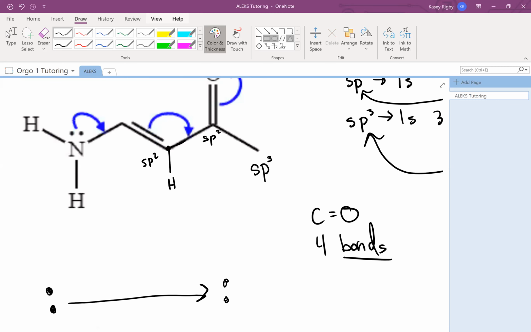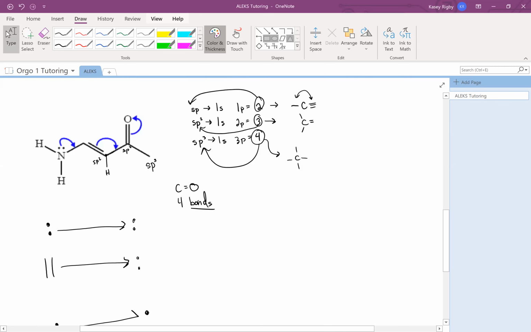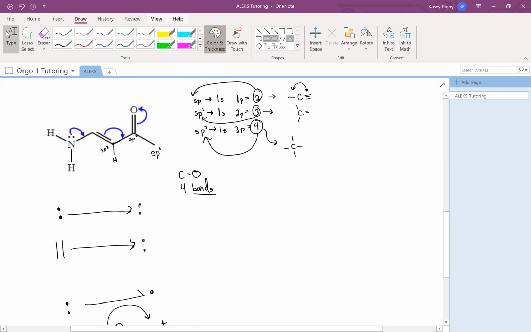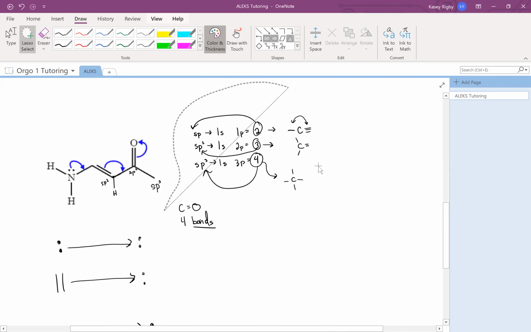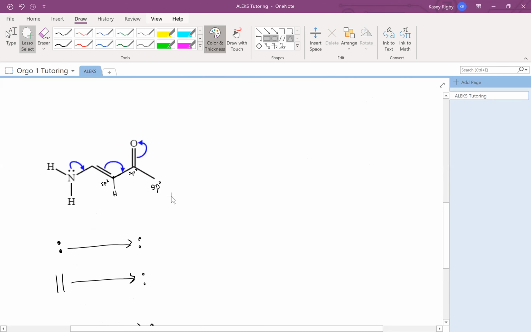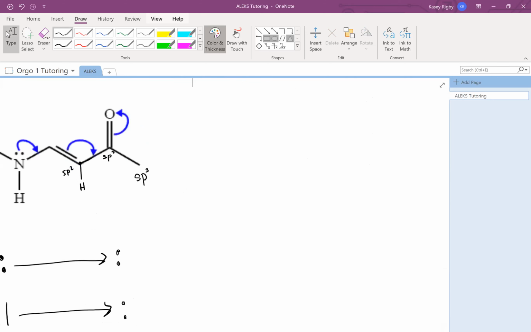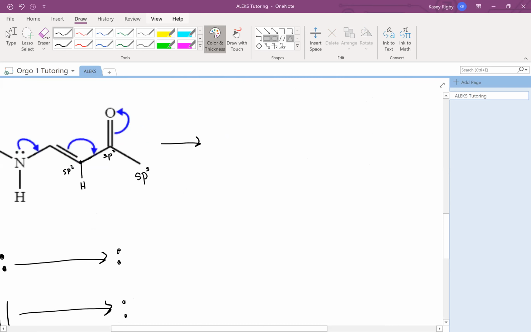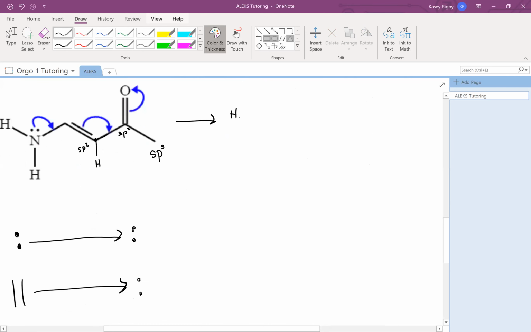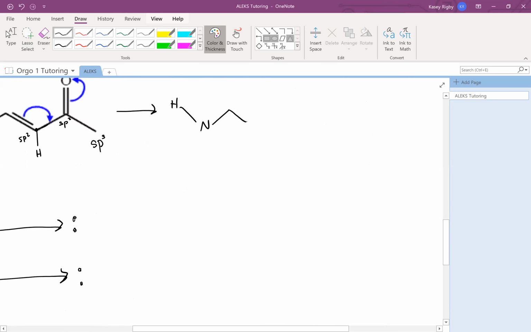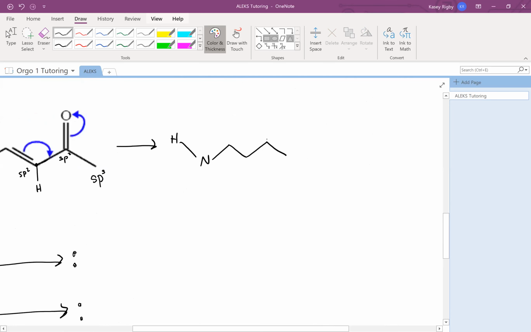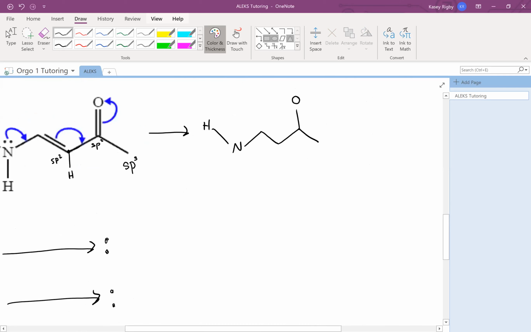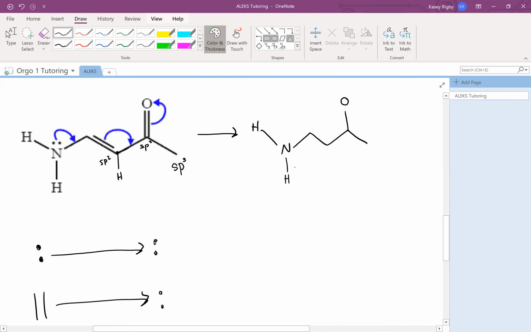Okay, so let's erase all of this, and then we will draw out what happens when we use the arrows that they give us. I'm just going to draw the general structure real quick without any extra bonds anywhere. Okay. So no double bonds anywhere. I'm just drawing the relative structure.